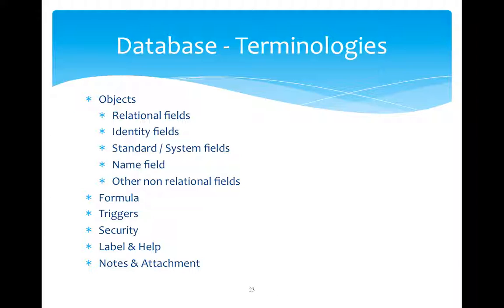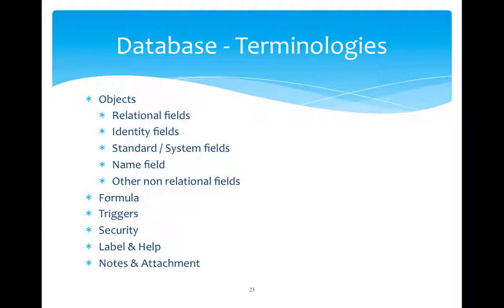There is another kind of field called identity fields, which represents a unique record in that particular object. Then there are standard or system fields. When you create objects, Salesforce automatically creates standard or system fields, which are created by, modified by, created date and modified date.